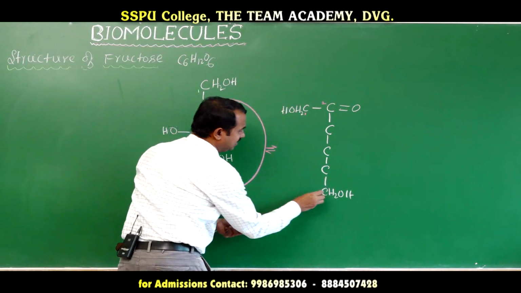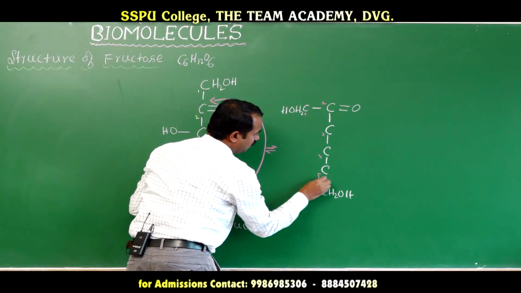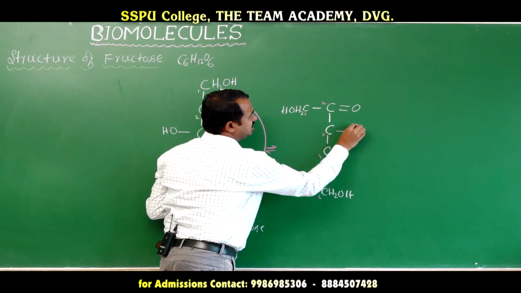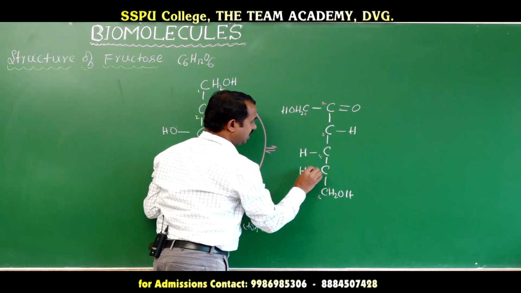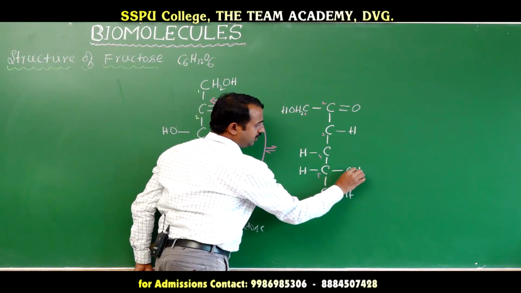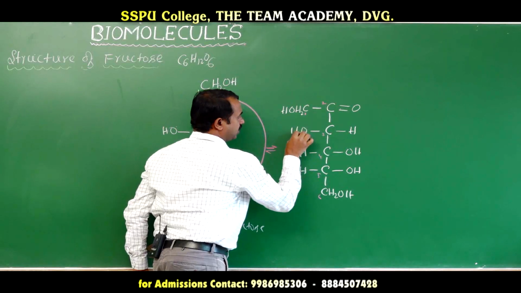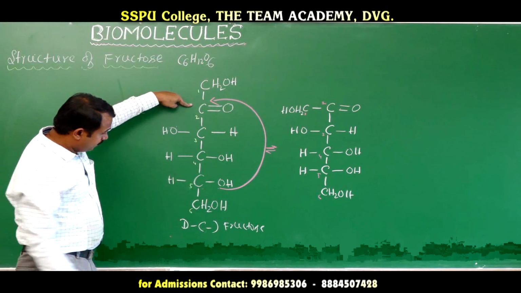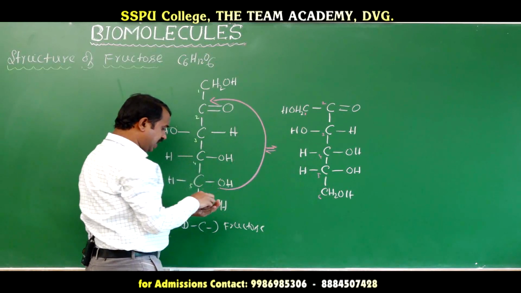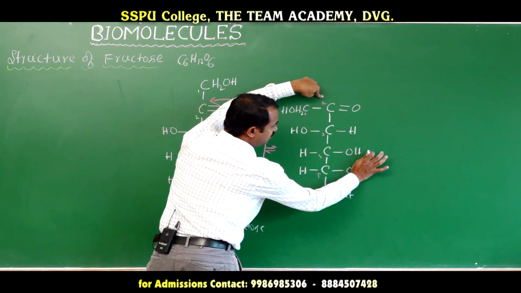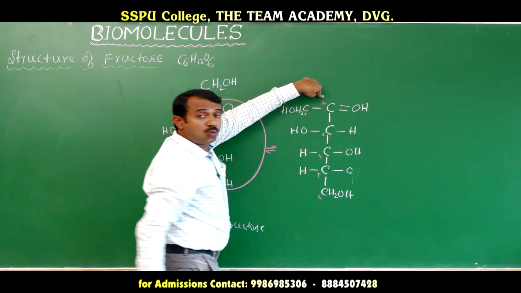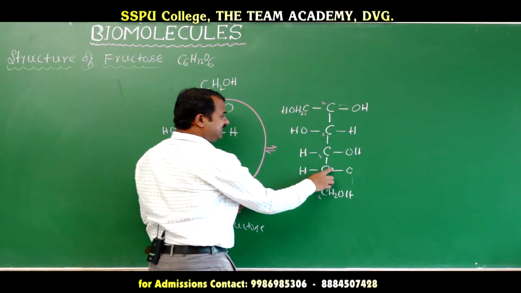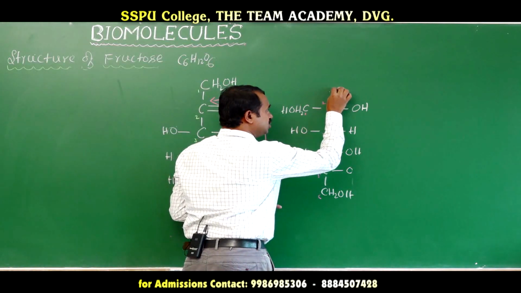The hydroxy groups are left, right, left, left. Listen carefully: the proton from the C5 hydroxy group is shifted to the C2 carbonyl oxygen as OH. The double bond is converted to a single bond, and this forms a linkage between C2 and C5.